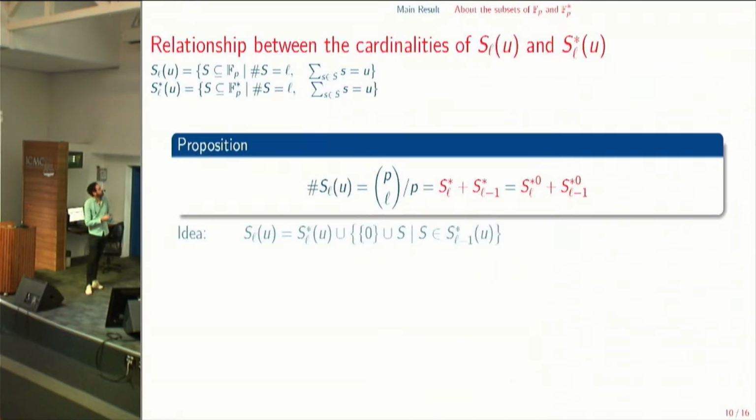Okay, so now if you take the easy set, well, for the sum of elements that sums to U, you have either 0 is part of the sum, and then it's essentially looking at sets of cardinality L minus 1 that sum to U, or 0 is not part of the sum.